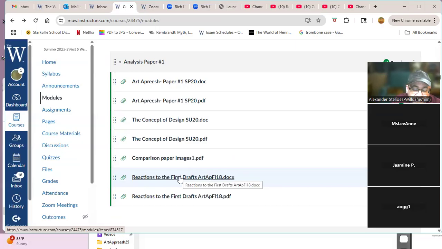And if there's anything that I think is useful for everyone in general, like let's say you wrote something about rhythm and repetition, and I wrote back that if you're going to talk about rhythm and repetition, you need to talk about the sinuous, fluid, almost languorous rhythm and repetition in Rubens' painting, then I would share that not just with you, but also put it in a Word document that I share with everybody. I'd make sure that your name was removed so people didn't know that was a topic you were talking about.